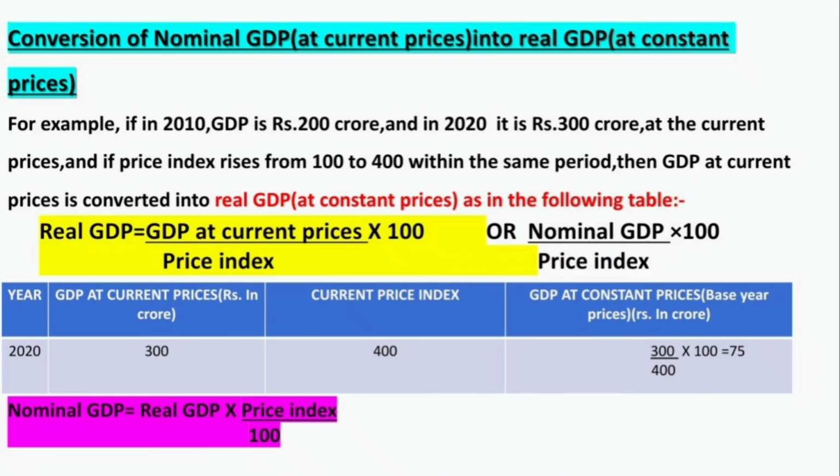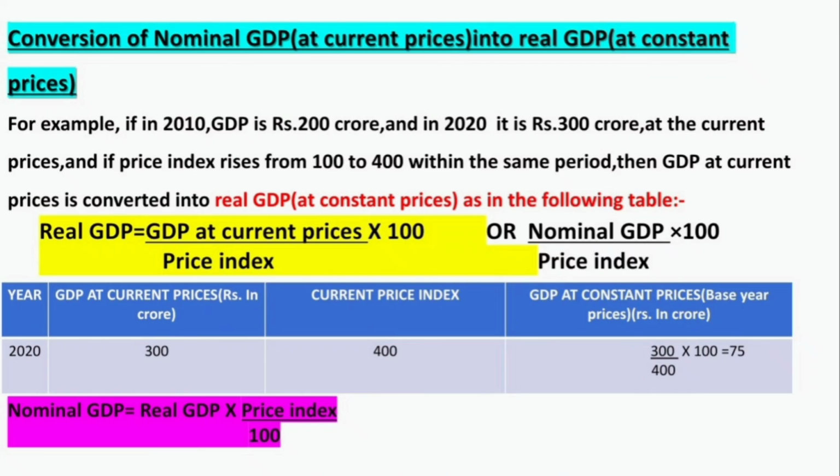If in 2010 GDP is 200 crore and in 2020 it is 300 crore at the current prices, and if the price index rises from 100 to 400 in the same period, then GDP at current prices is converted into real GDP. That is, nominal GDP is converted into real GDP in the following way.